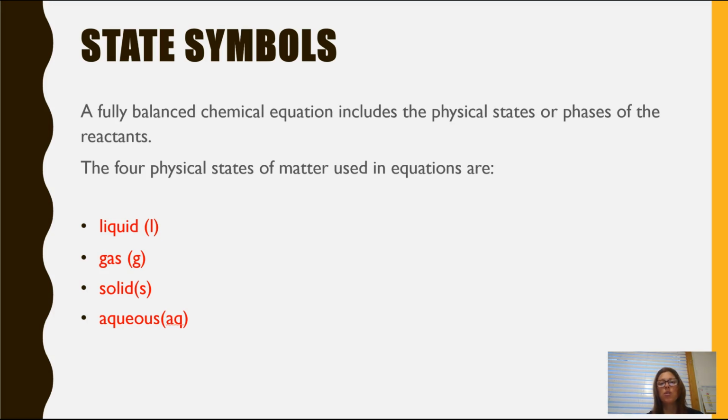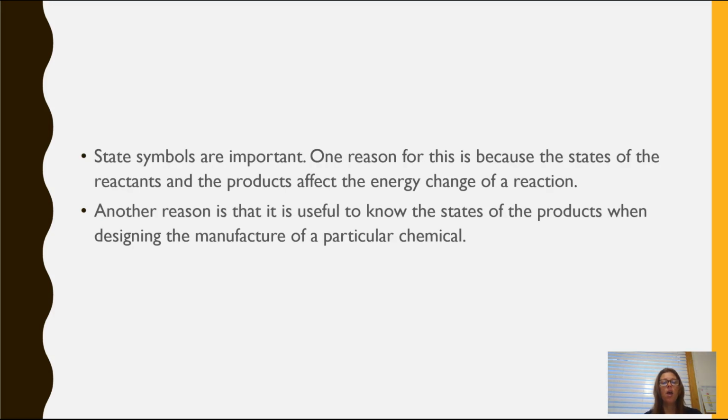So we are now using them just as a normal size lowercase letter, just in a bracket. So these are really important to include because they actually will affect the energy change in a reaction. We'll talk about that a bit later. But it's also important to know the state of the product if I'm in a manufacturing industry and what is it going to produce.